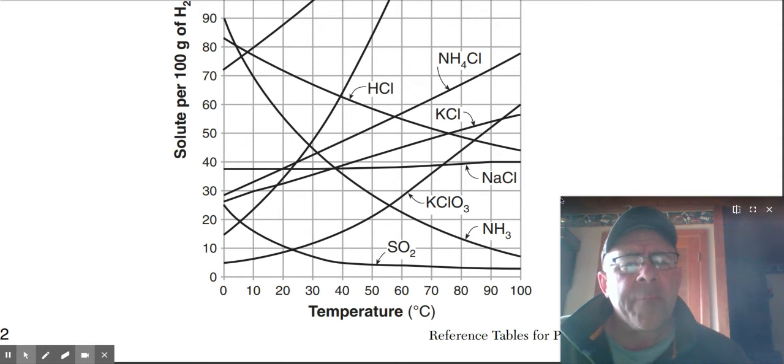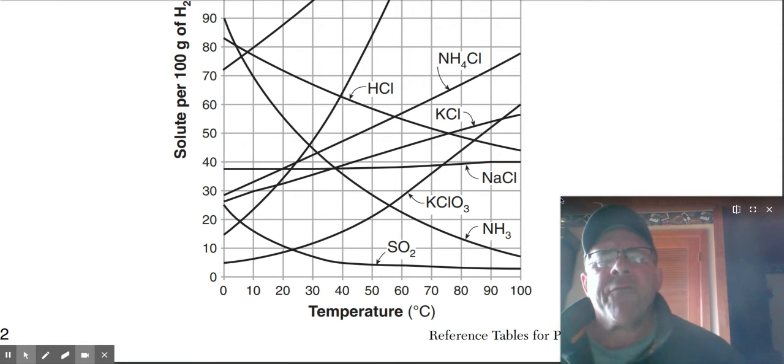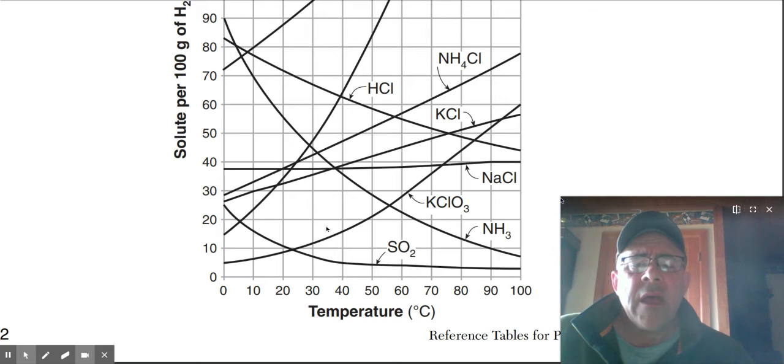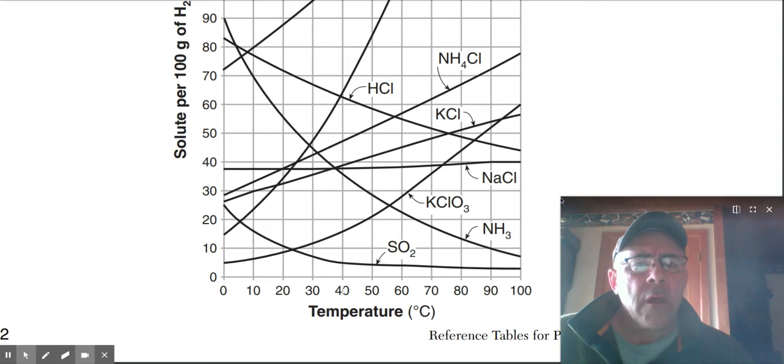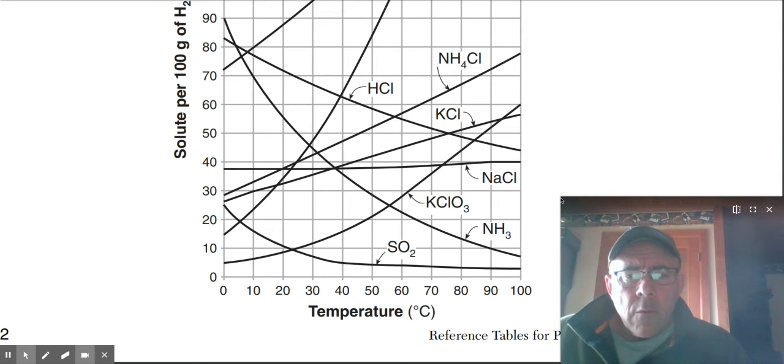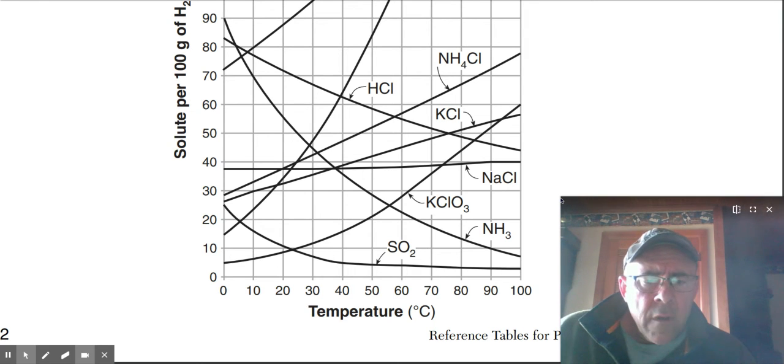Now, what would have happened if I did dump 30 or 40 grams of potassium chloride into 100 grams of water at 40 degrees Celsius? Well, it would be a saturated solution, and there would be residue on the bottom of that beaker.